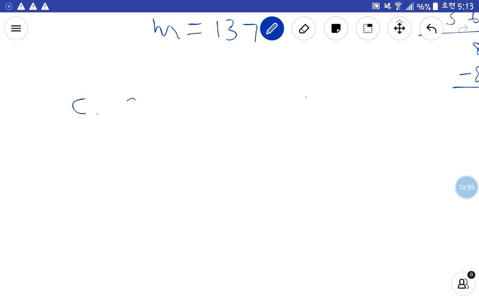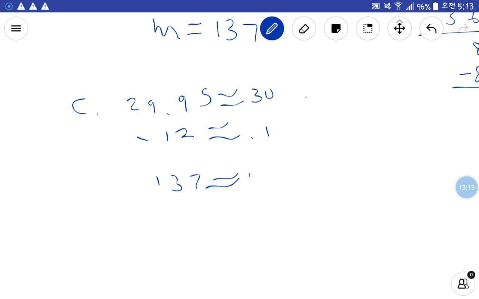So I can round 29.95 into 30 as I did already. And 0.12 rounds to 0.1. And 137 is going to be rounded up to 140 this time. Now plug into the equation: 2 times 30 plus 0.1 times 140.